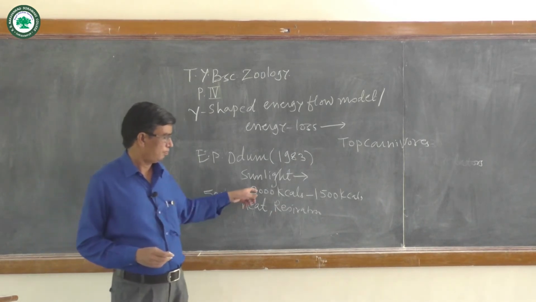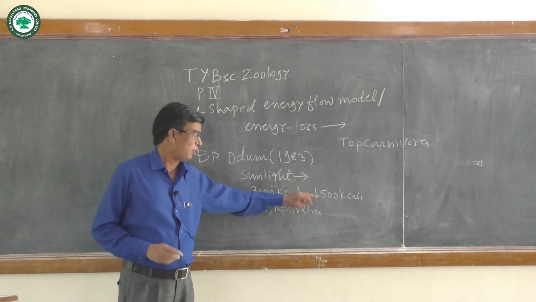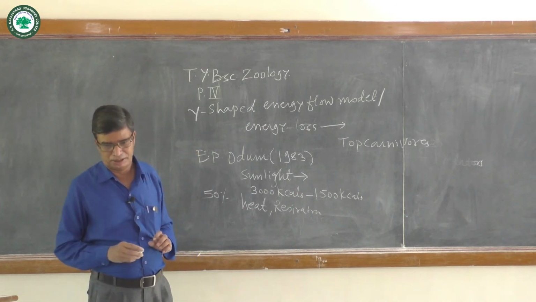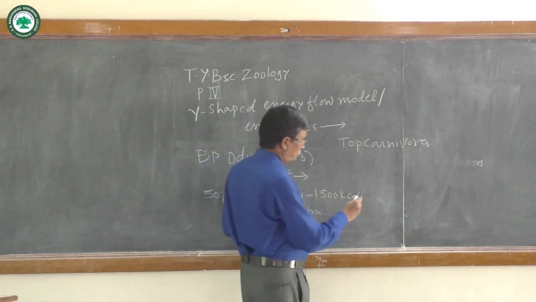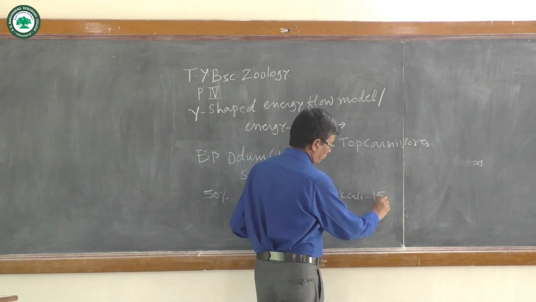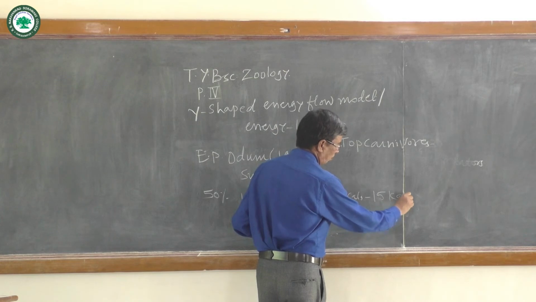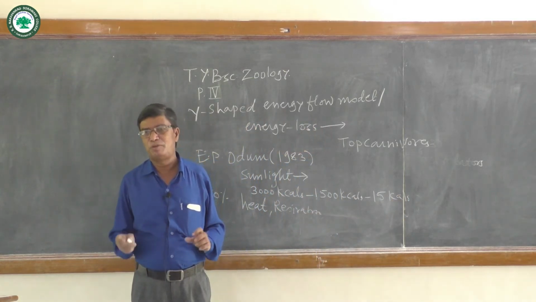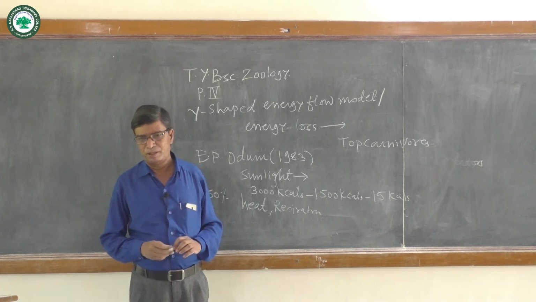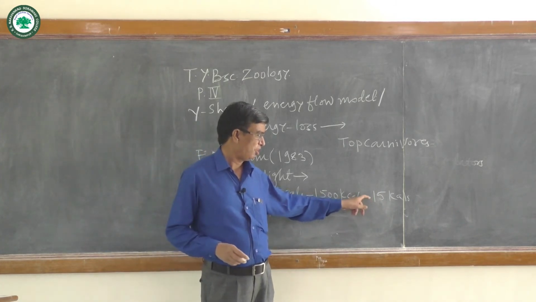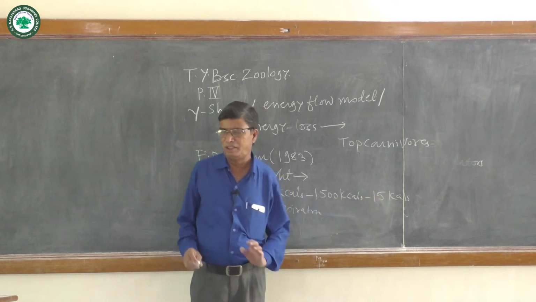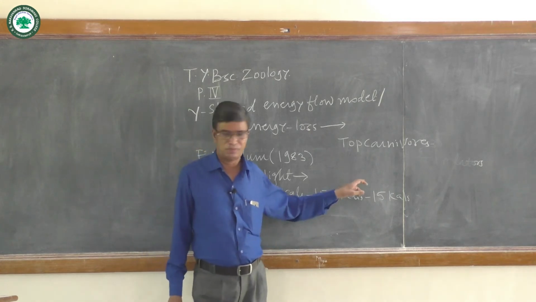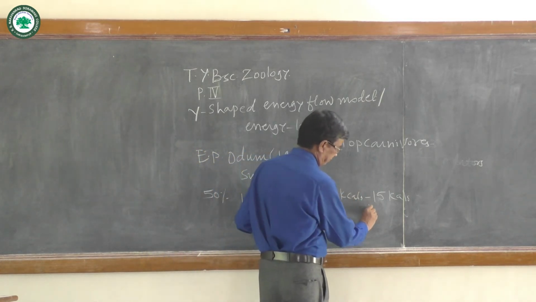And out of this 1500 kilocalories, only 1%, that is 15 kilocalories of energy, is converted into food material by producers. It is converted into chemical energy, that is food material.